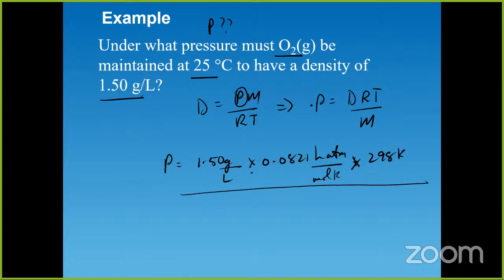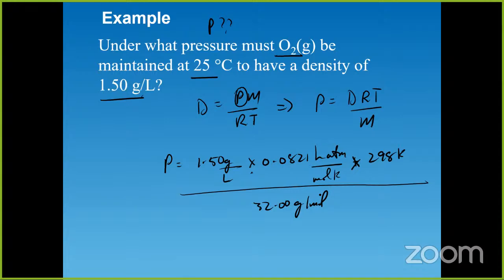What's the molar mass of oxygen? 2 times 16, so 32.00 grams per mole. That's the setup: 1.5 times 0.0821 times 298, and then divide by 32.